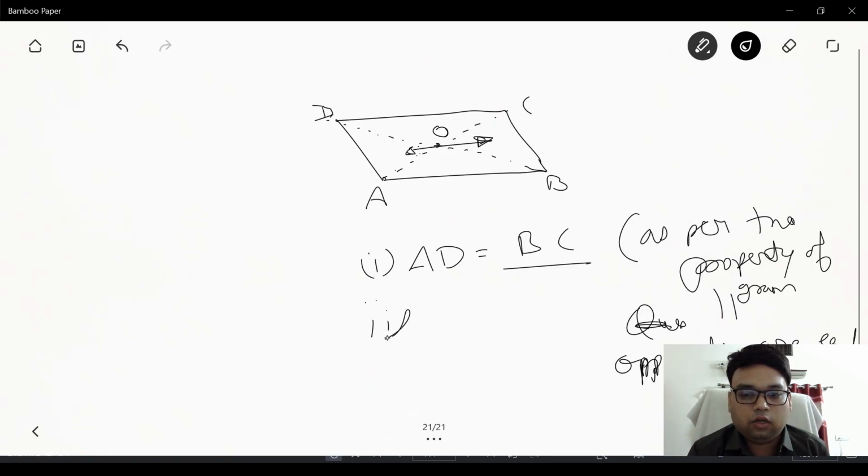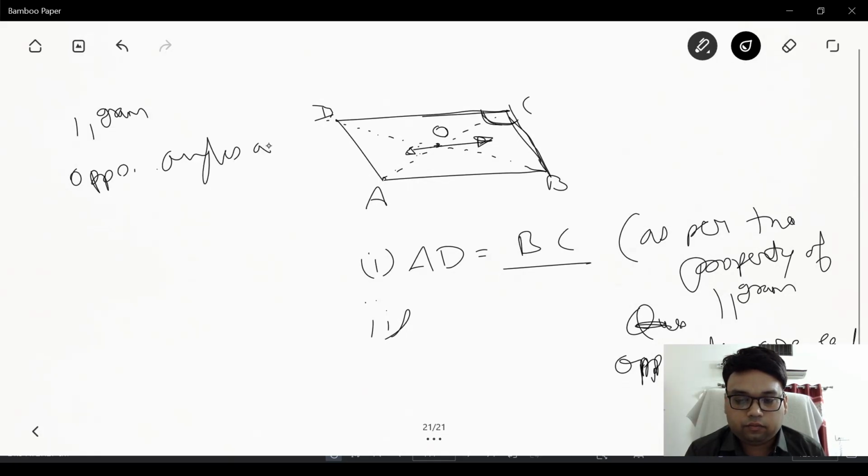Now question number 2: angle DCB is equal to what? Here also we are using the property of parallelogram that opposite angles are equal. This is one of the properties of parallelogram.